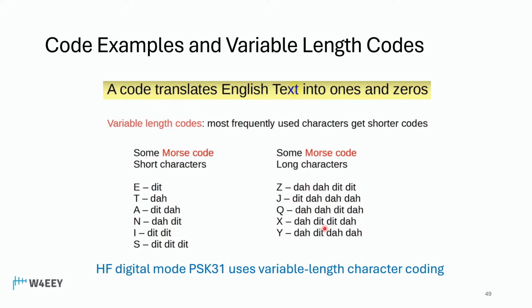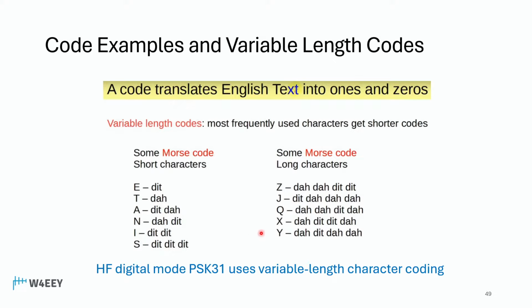So let's talk about codes with variable lengths. There's two that are mentioned in our chapter. The first one is Morse code. Morse code is kind of unique in that the shorter characters, like the E, is a single dit. A T is a single dash, or da. So these are the very common letters that we see in the English alphabet.